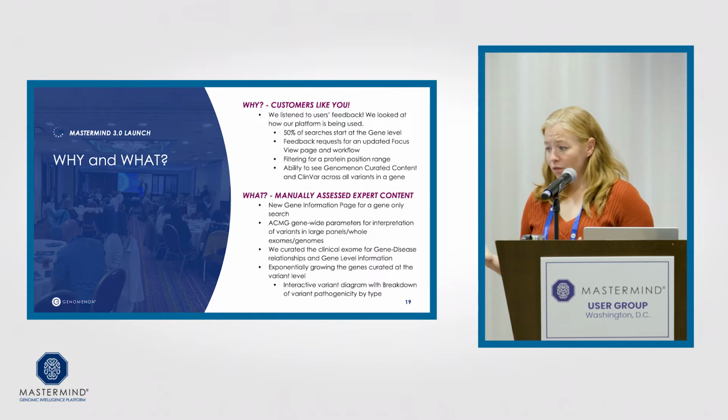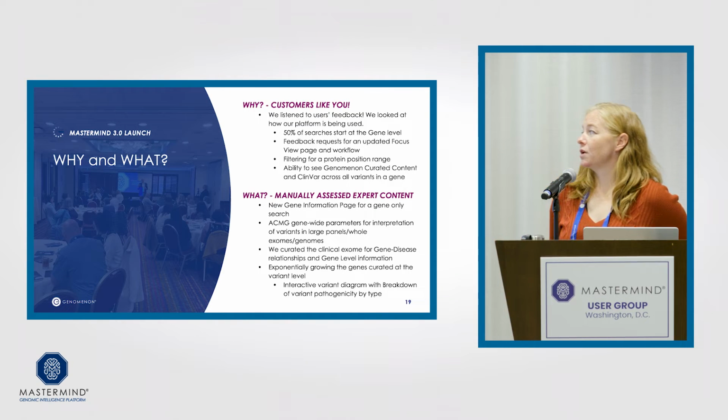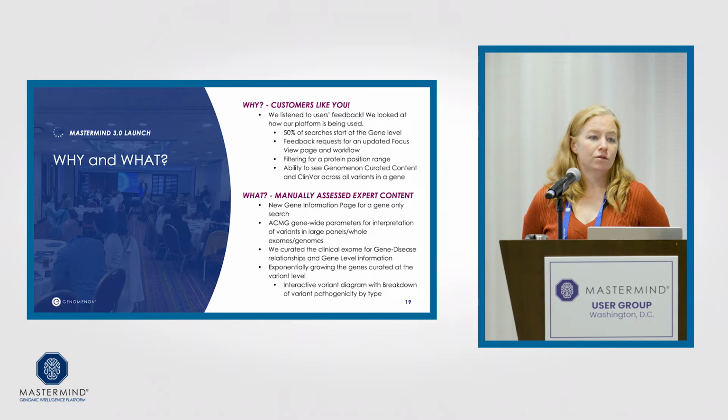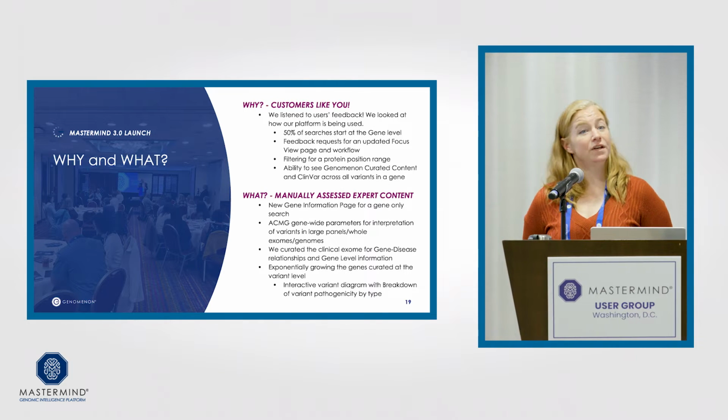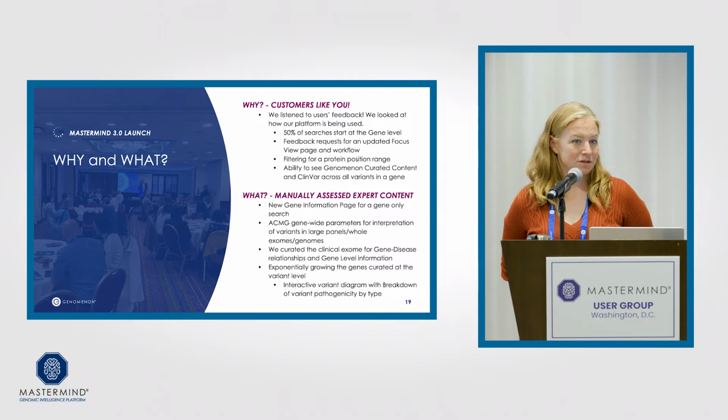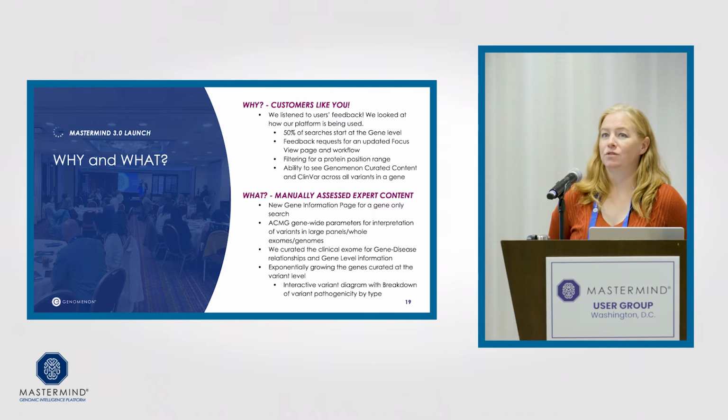But where this came from, as Mike had alluded to earlier, is that 50% of searches that went into Mastermind across all users were actually gene only. So at the gene level, and then maybe gene phenotype, to figure out in your whole genome if that might have been a gene of interest. So it didn't come down to a variant level.